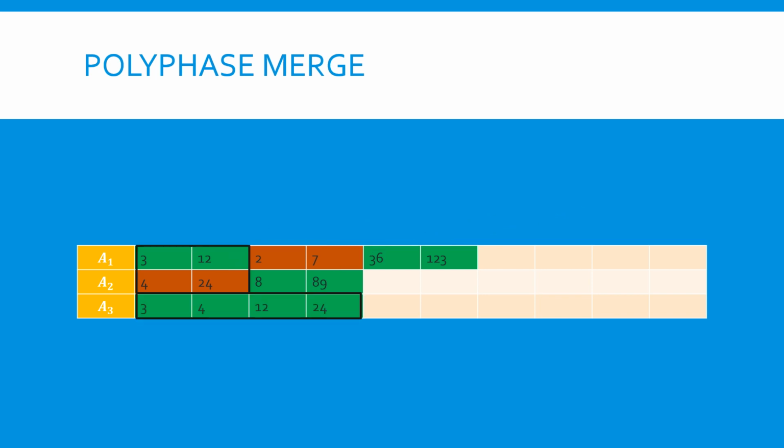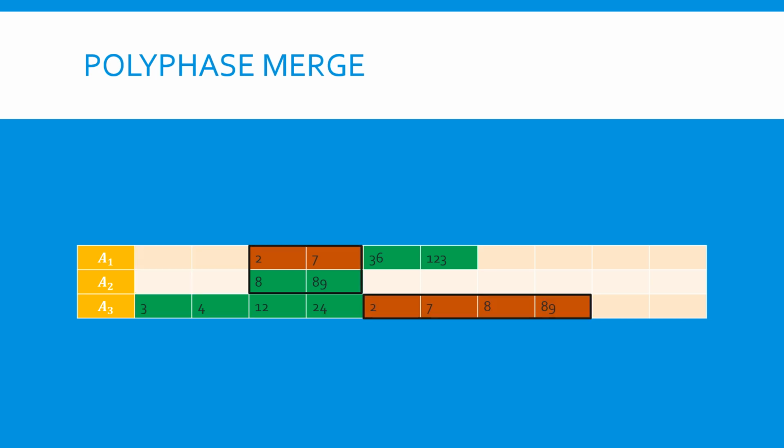We then begin the first merge phase. We merge the first blocks in A1 and A2 and write the merged list to A3. We then merge the second blocks in A1 and A2 and append a merged list to A3. Recall that we defined the above process as a single merging phase, characterized by sequential reads of the input arrays and a sequential write to the output array.